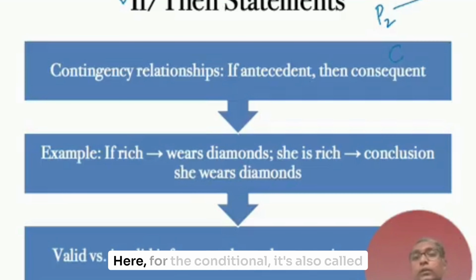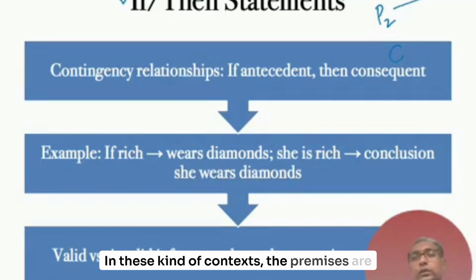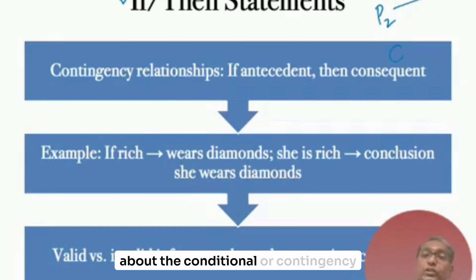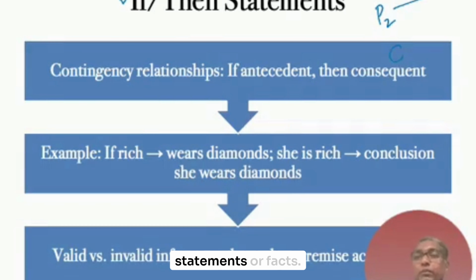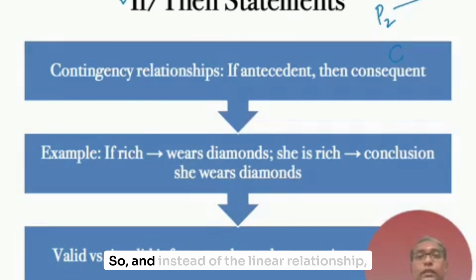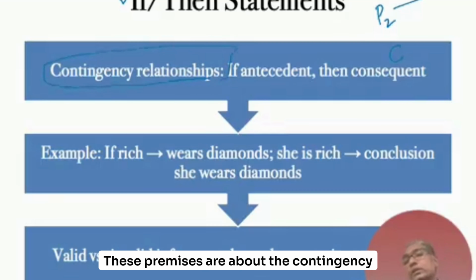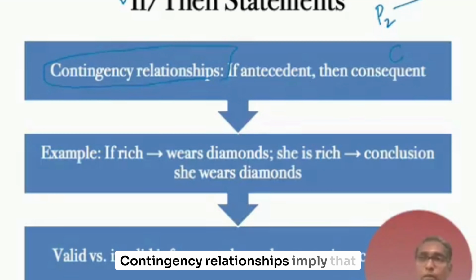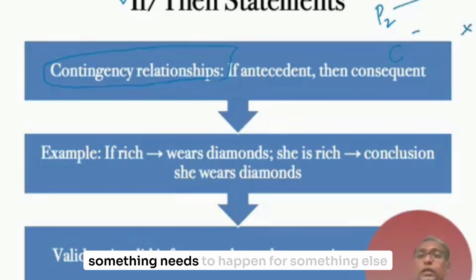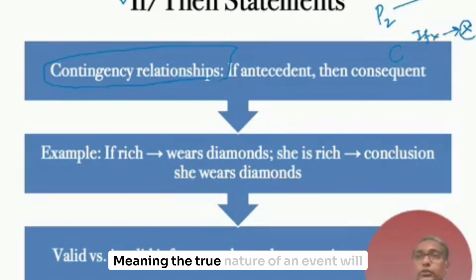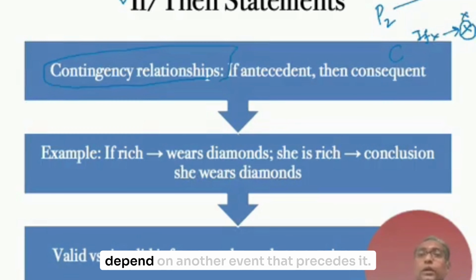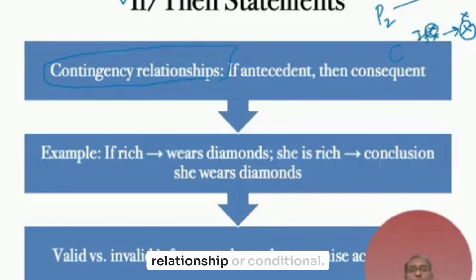Here, for the conditional, also called conditional logic, the premises are about conditional or contingency statements. Instead of the linear relationship, these premises are about contingency relationships. Contingency relationships imply that something needs to happen for something else to happen, meaning the true nature of an event will depend on another event that precedes it. That's why it's called contingency relationship or conditional.